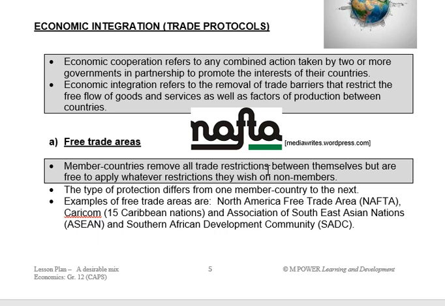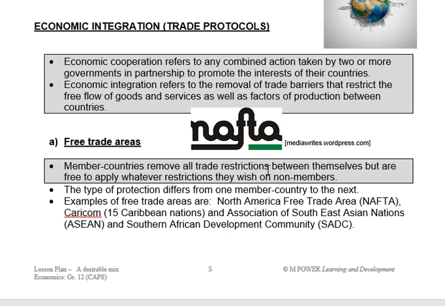Examples of free trade areas in the world are NAFTA, the North American Free Trade Agreement, obviously in North America. Then there's CARICOM, 15 Caribbean nations that have this agreement amongst themselves. We have ASEAN, the Association of Southeast Asian Nations. And the relevant one for us is the SADC, the Southern African Development Community.